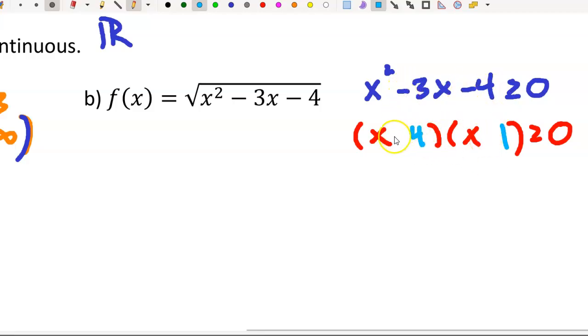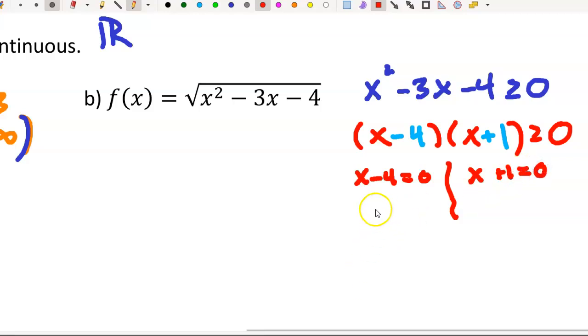I need to get negative 3, so negative 4 plus 1 gives me negative 3, and negative 4 times 1 gives me negative 4. All right, so I have two possible places where this could equal 0: at 4 and at negative 1.